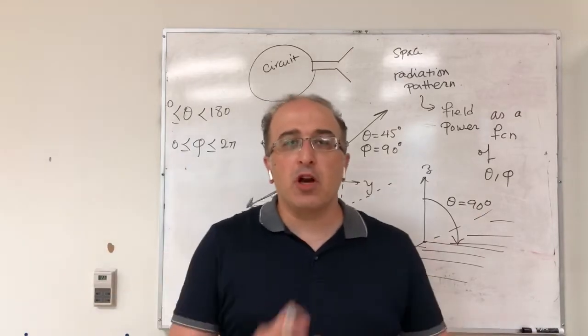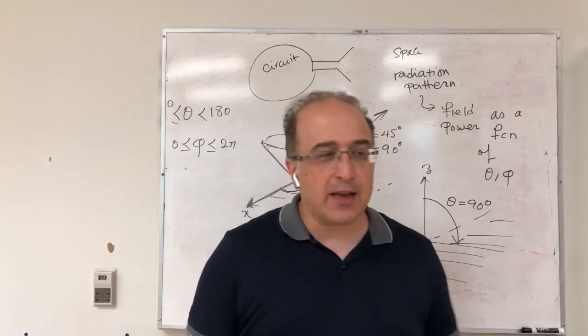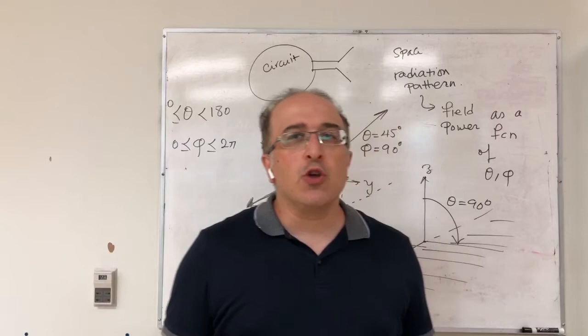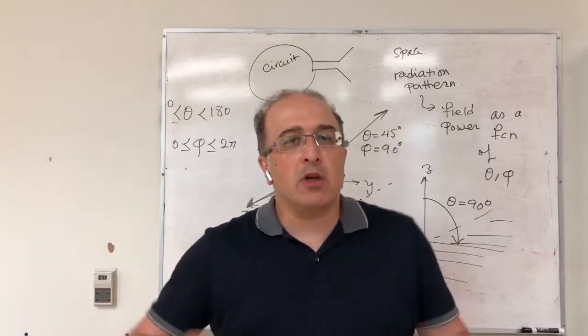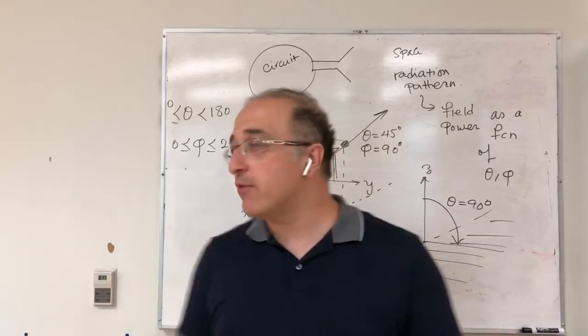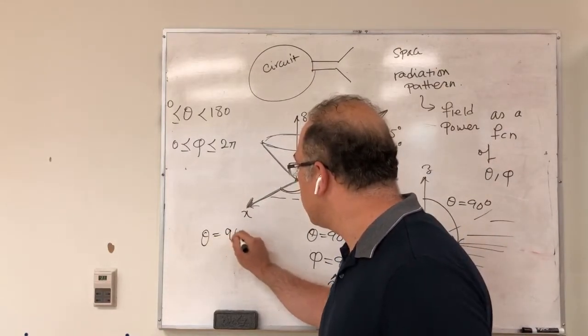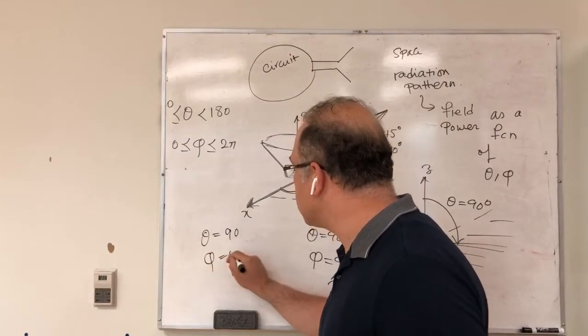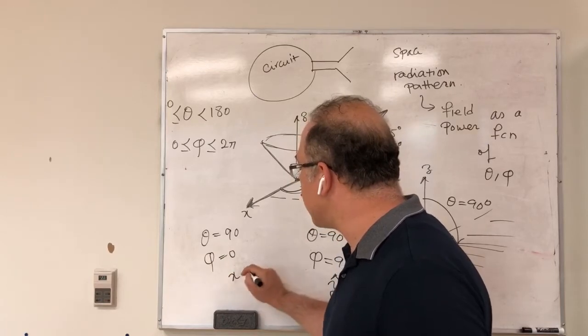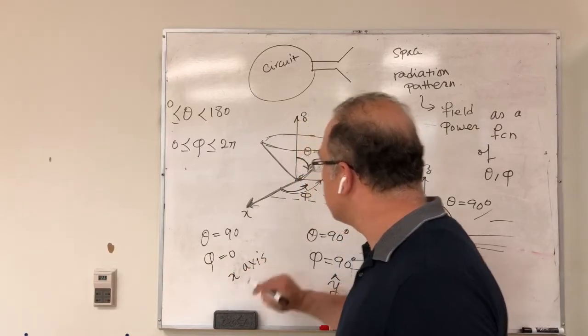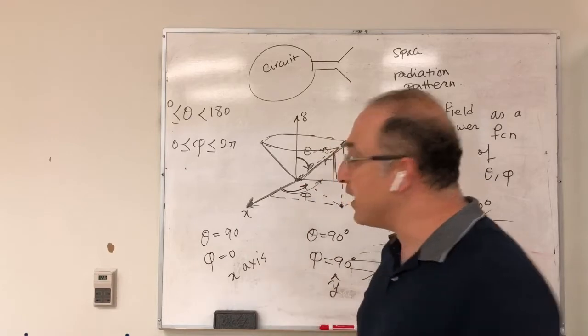Okay, just before continuing, let me make another example to make something clear. Based on what I said, you remember I said theta equals 90 and phi equals 0. That's the x-axis, essentially the positive x-axis.